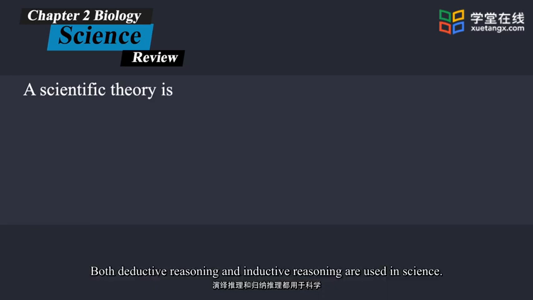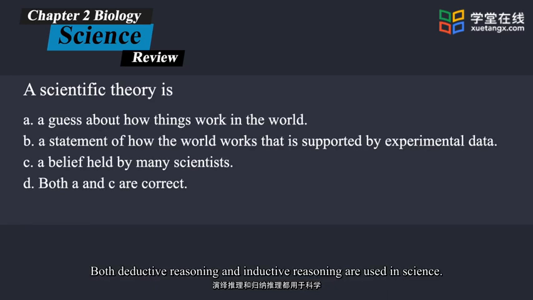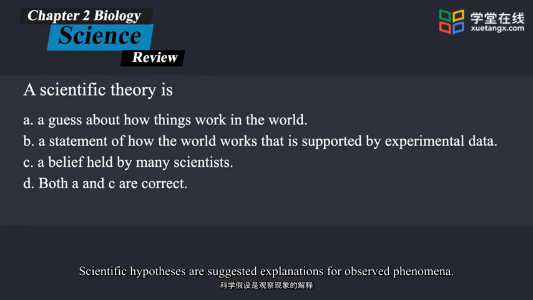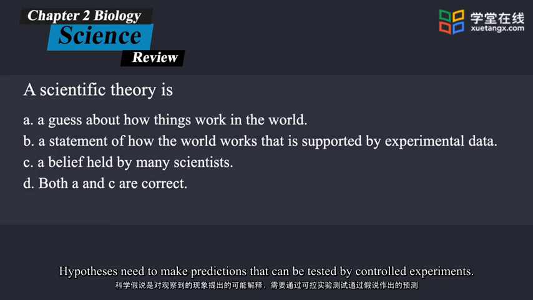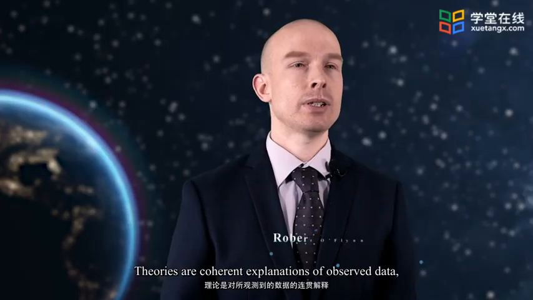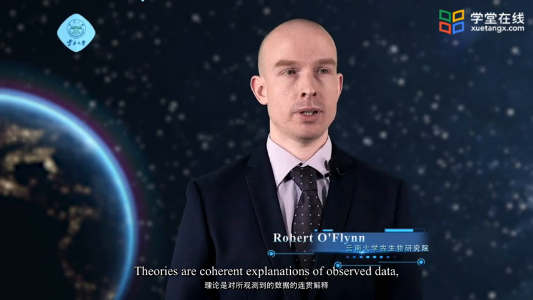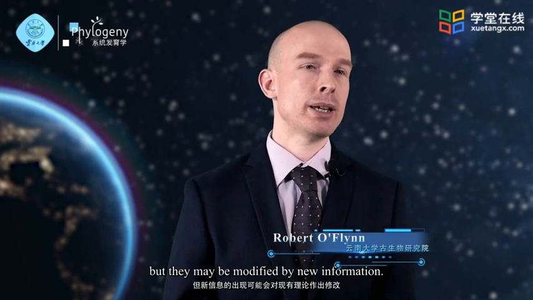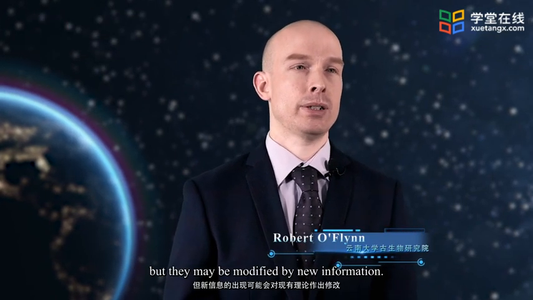Both deductive reasoning and inductive reasoning are used in science. Scientific hypotheses are suggested explanations for observed phenomena. Hypotheses need to make predictions that can be tested by controlled experiments. Theories are coherent explanations of observed data, but they may be modified by new information.